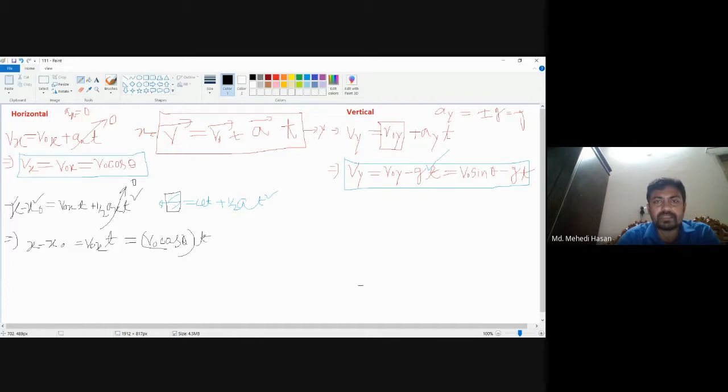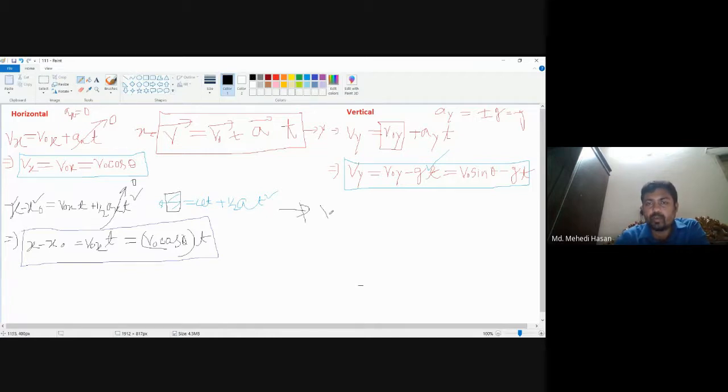So this is the second equation along the horizontal case, and using this equation you can find the horizontal range or time when the horizontal range and initial velocity are given. So this is the second equation horizontally, and let's go to the vertical.